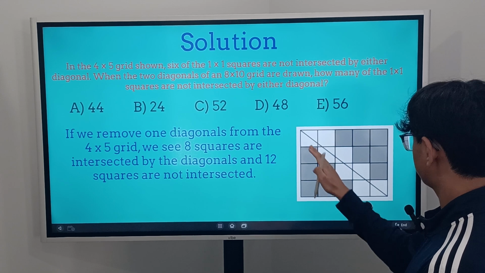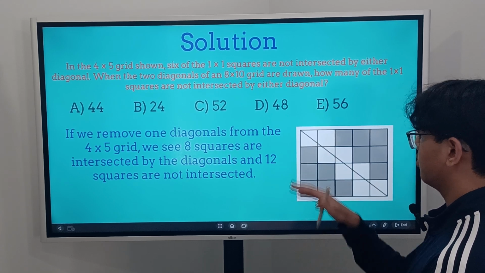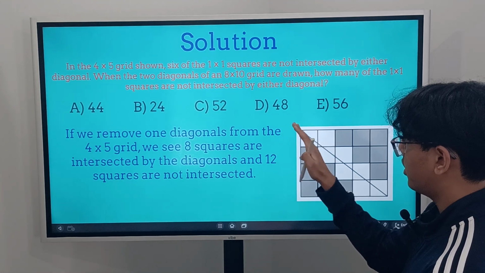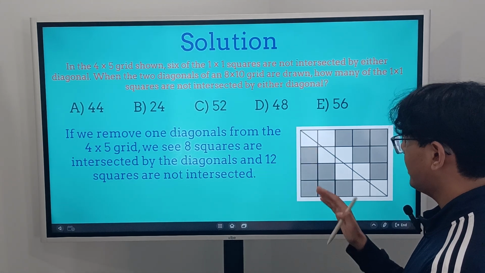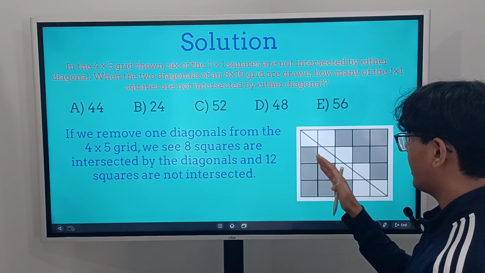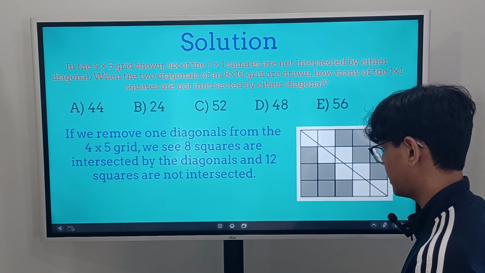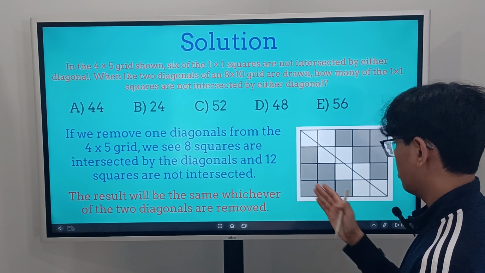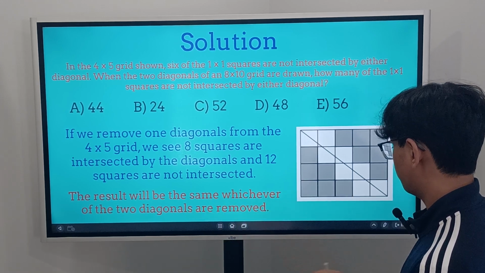We're just going to first show the same thing again. So this is the 4x5 grid still. If we remove one diagonal from the 4x5 grid, we can see that 8 squares are intersected by the diagonal and 12 squares are not intersected. The result will be the same whichever of the two diagonals is removed.